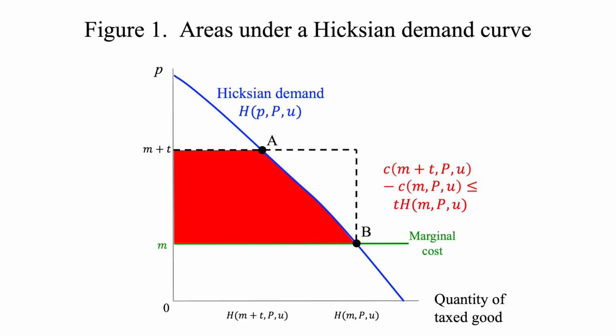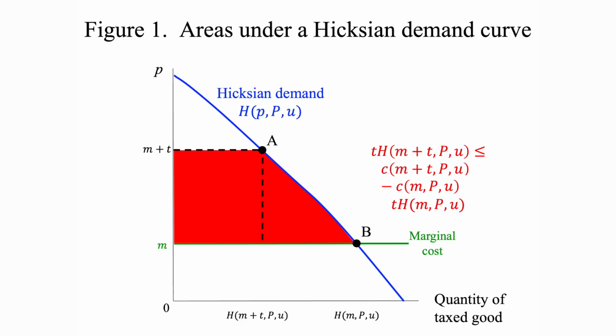And then I can bound it below by the other rectangle. At the higher price, I'm paying a tax equal to the smaller rectangle, and at least I have that cost, and maybe more. So that's the bounding we can get in this picture.